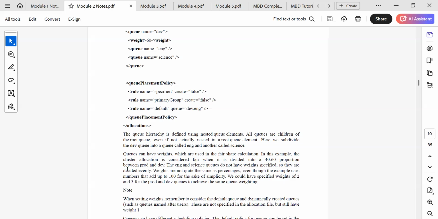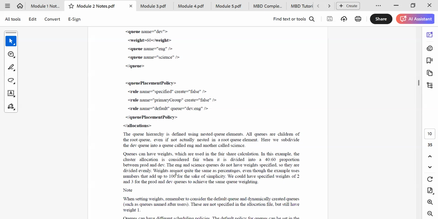Queues can have a weight, which is used in the fair share calculation. In this example, the cluster allocation is considered fair when it is divided in a 60-40 proportion between production and development.